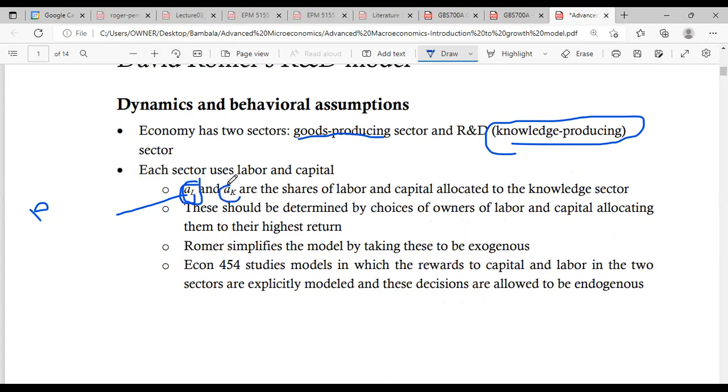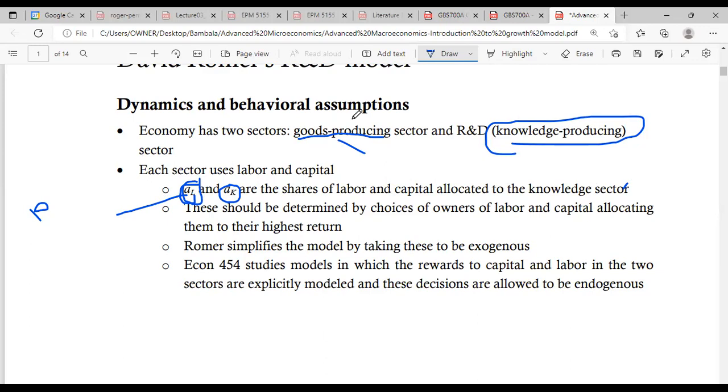We are just dividing the sector into two, because it will help us analyze what the effect of knowledge really is, and how the goods producing sector is. So that's just the assumption here. They're just shares of labor and capital allocated to the knowledge sector.